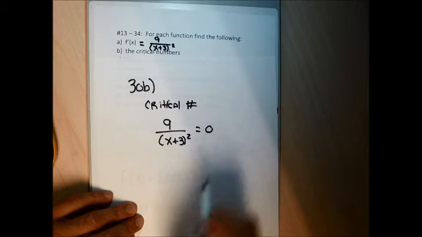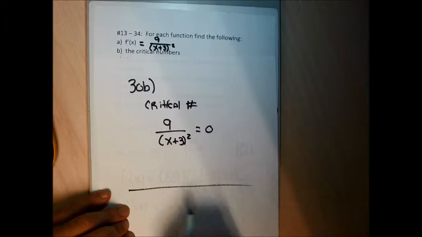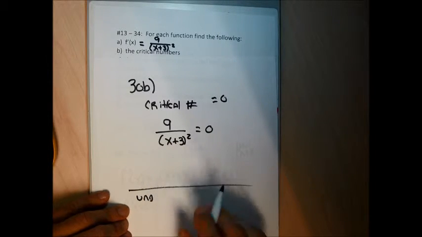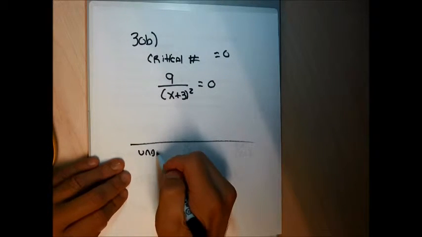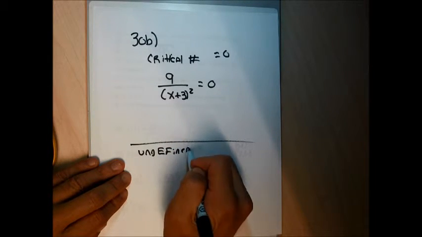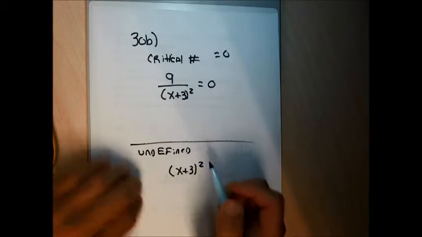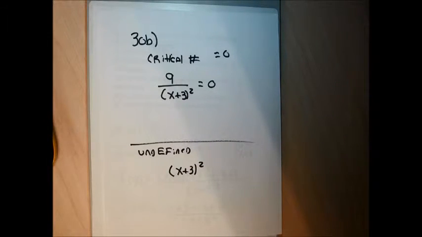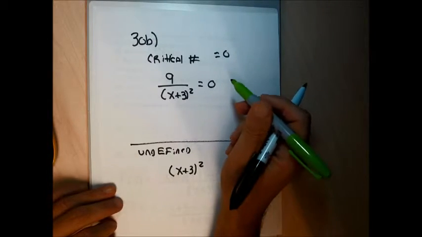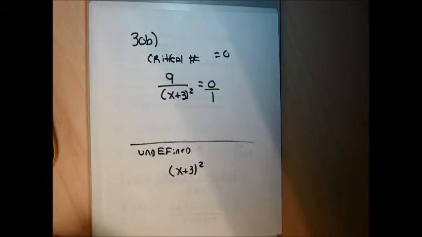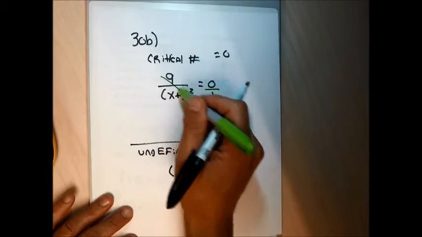And then to find the critical numbers that cause the derivative to be undefined, you take the denominator and set it equal to 0. So there's two kinds of critical numbers when your derivative is a fraction. There's critical numbers that make the denominator 0 or the fraction undefined, and there's critical numbers that make the whole fraction equal to 0. You get that by setting the fraction equal to 0.